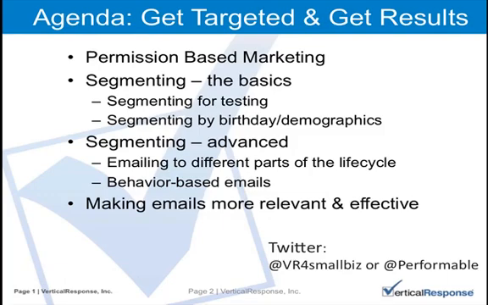There are quite a few slides there. We also have some great examples of emails that people have sent out doing these types of segmentations of their mailing list. And we're also going to talk a little bit about creating your emails and how to make them a little more effective. And then, as I said, at the end, we will be more than happy to answer your questions. So if you have questions along the way, type those in.